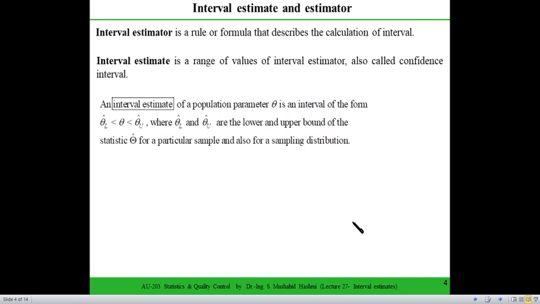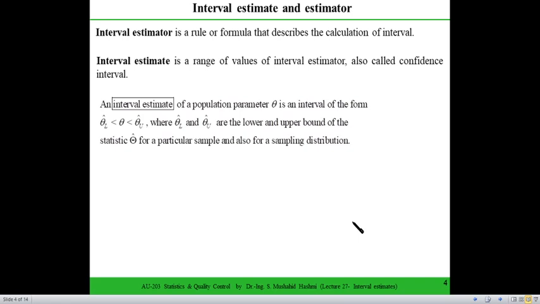And the target of this estimate is to predict the population parameter, and we always use a Greek letter to represent a population parameter. So our interval estimates would be a certain range. There is some lower limit and some upper limit. Theta cap, whenever you put a cap, it is always an estimate. L represents the lower bound and U represents the upper bound. The statistic, which is always a capital letter with a cap on it, is always taken from a sample, or it could be from some sampling distribution.